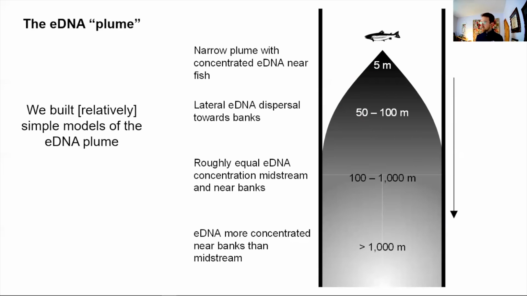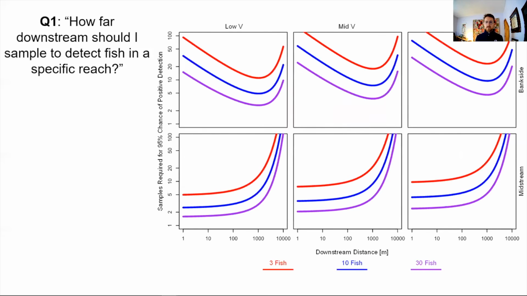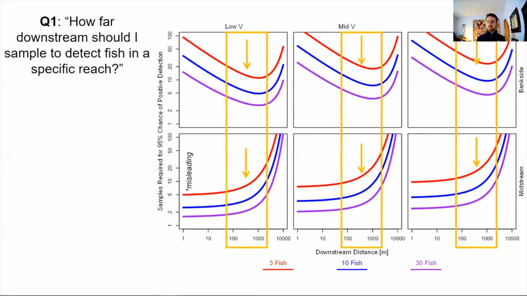And so these models that we built of this plume allow us to ask lots of the interesting conservation questions that I think you're probably here to see. The first being, how far downstream should I sample to detect fish in a specific reach? So we can build up power analyses, which is here just asking how many samples we need to take to detect fish at different downstream distances, for bankside samples on the top, midstream samples on the bottom.